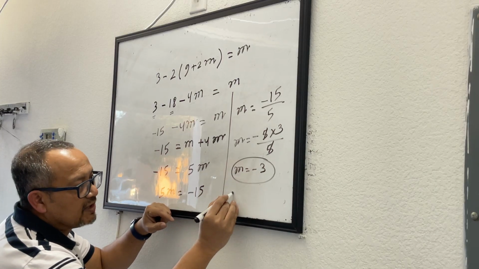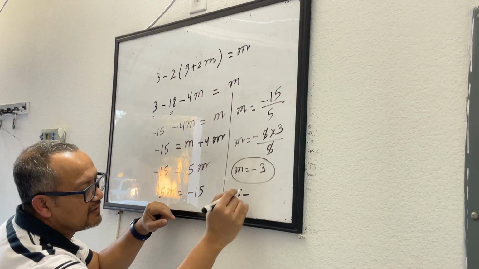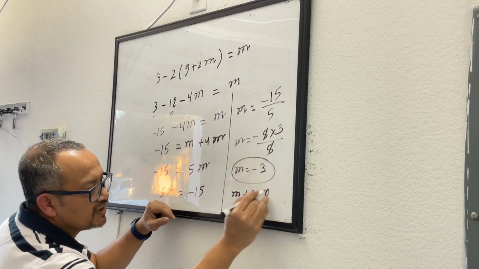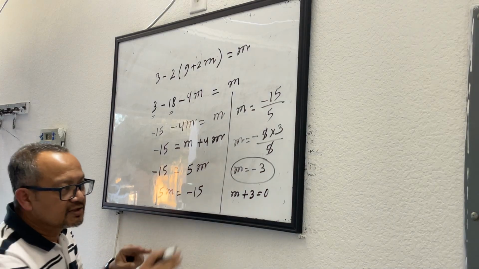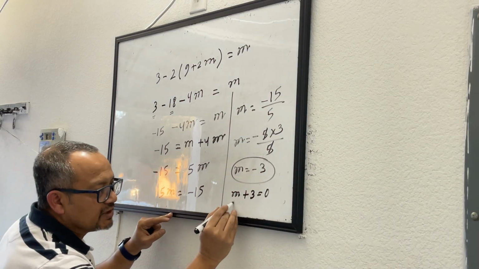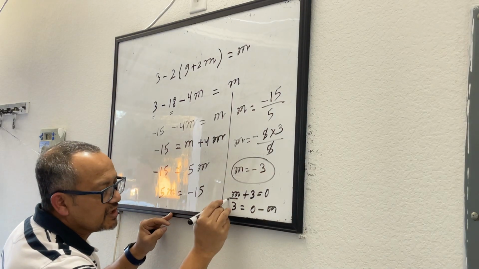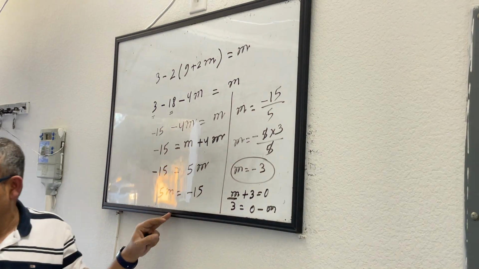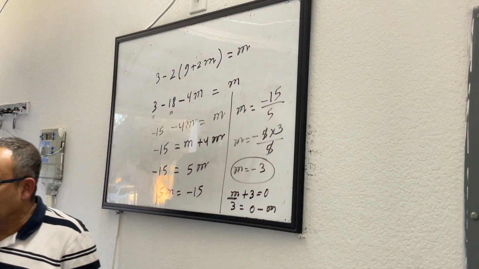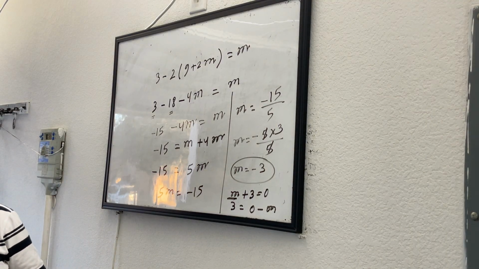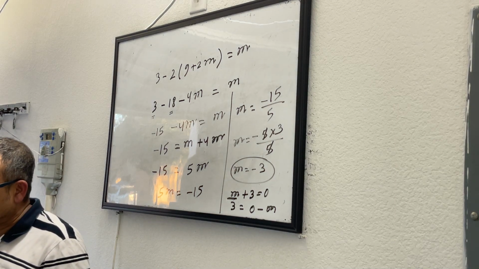If you say okay fine, I want to bring this guy to this side, so minus 3 will become plus 3. So m plus 3 will be equal to 0. If you don't like it, you will say, okay, I want to move m to that side. So 3 equals 0 minus m, because there is nothing here, meaning there is a plus. So you can play with this procedure, as long as you don't defeat the rule that is to be abided by.